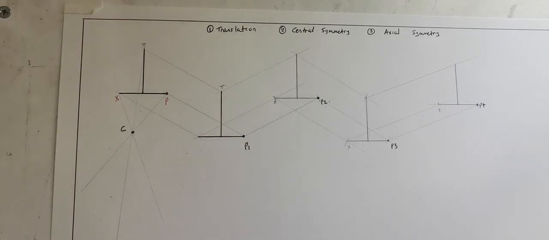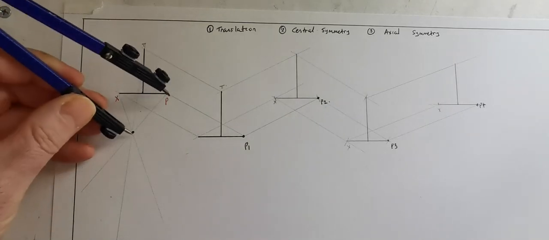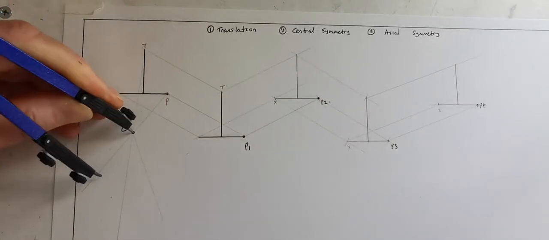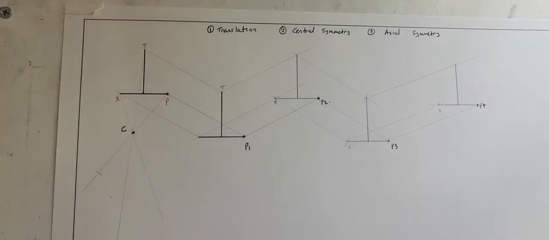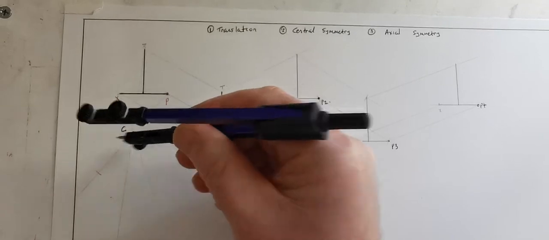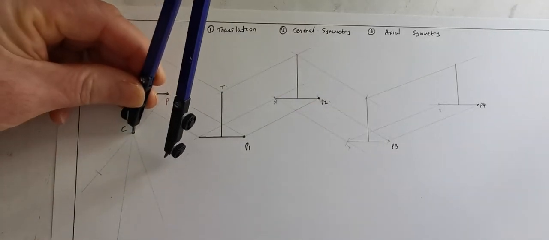So if P is that far above, it goes that far below. If X is that far above, it goes that far below.